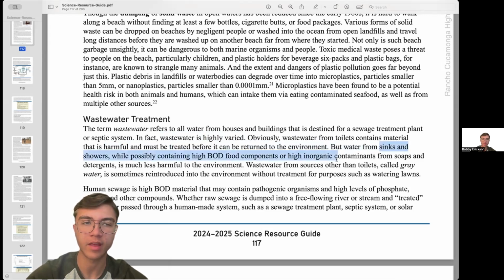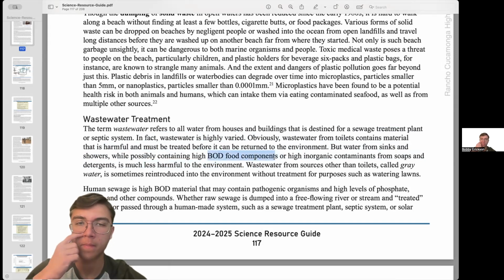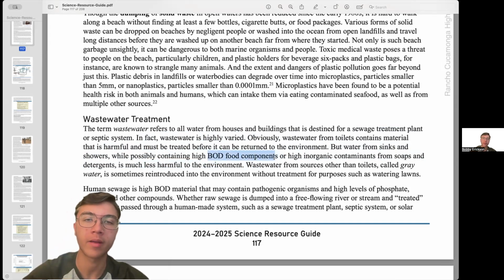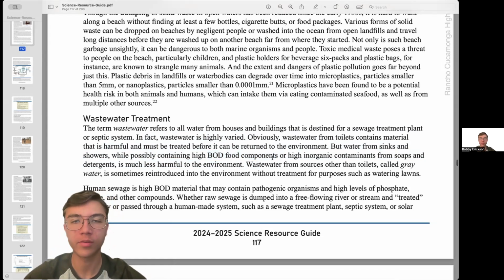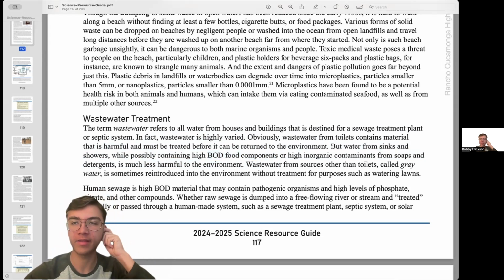But if it's from a sink or a shower, then it can be less harmful to the environment, even though it does have some BOD, biochemical oxygen demanding food components, and some inorganic contaminants, such as from soaps and detergents.